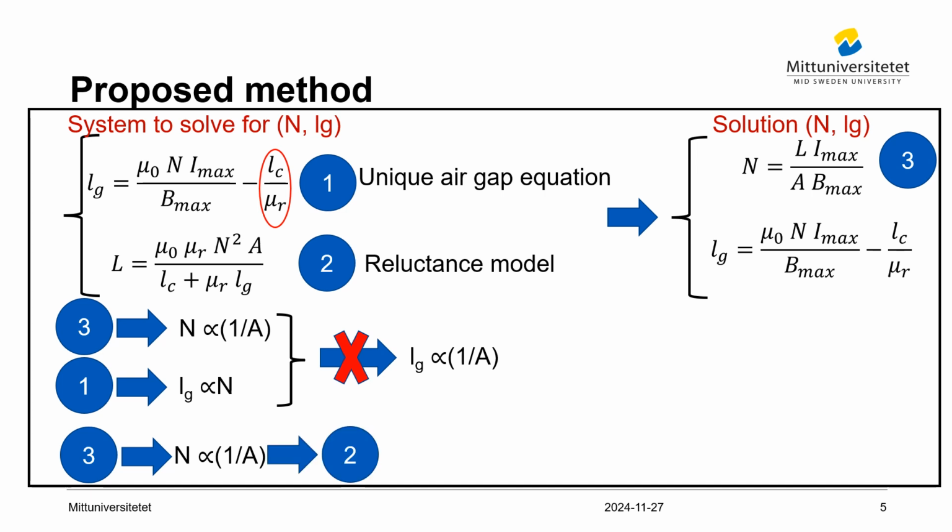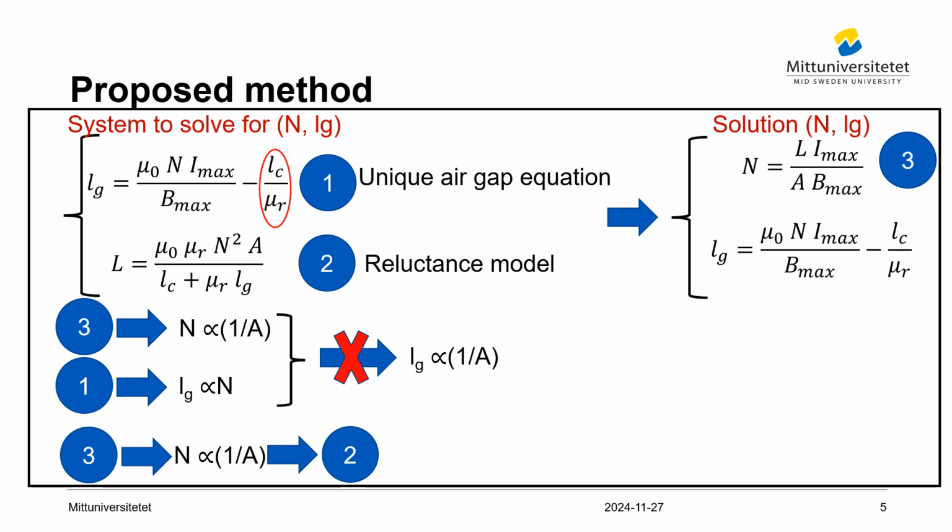You can see that the inductance is a function of the number of turns squared multiplied by the cross-section and divided by the air gap. So to understand the relationship and the interaction between these variables, we can fix the inductance. That's the efficient way to understand how the variables are interacting.